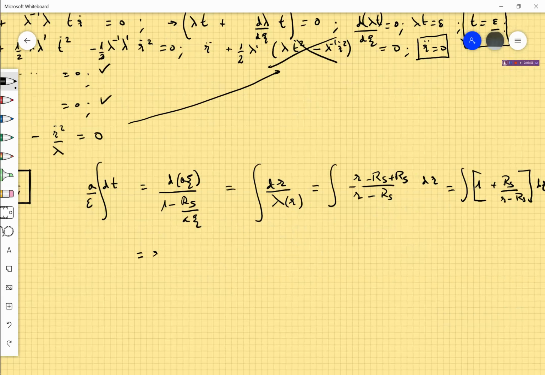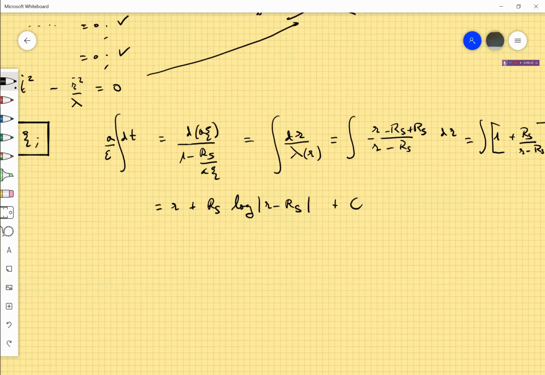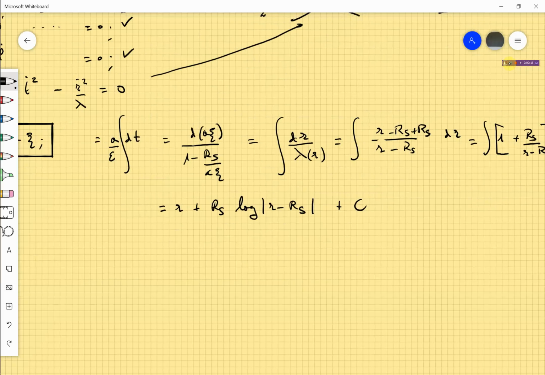which gives me r plus rs log of the absolute value of r minus rs, plus an integration constant, which I am going to change several times. On the other hand, this gives me a divided by epsilon t.